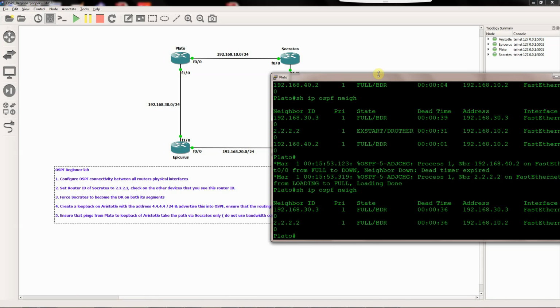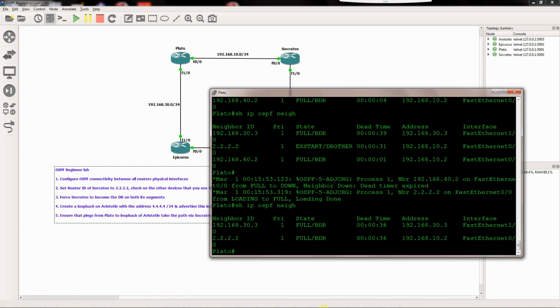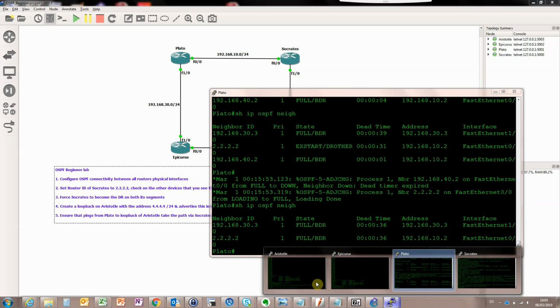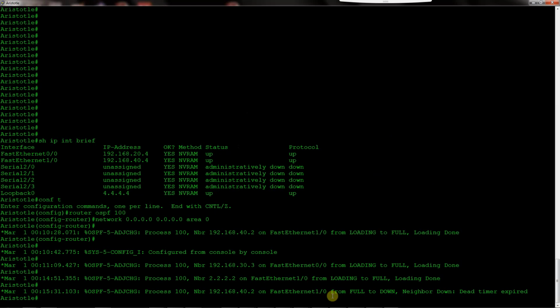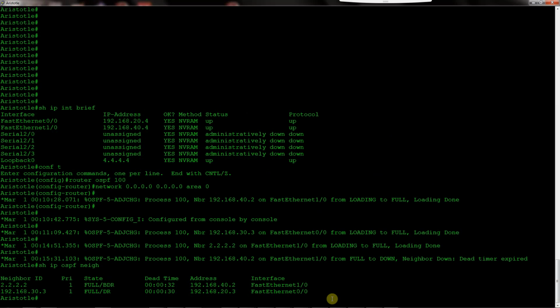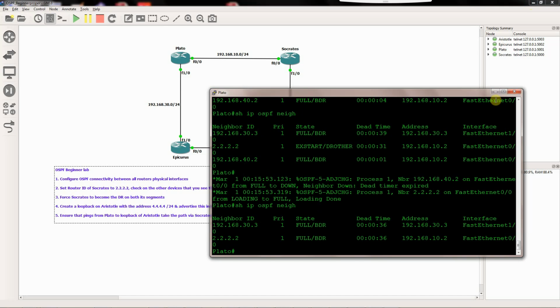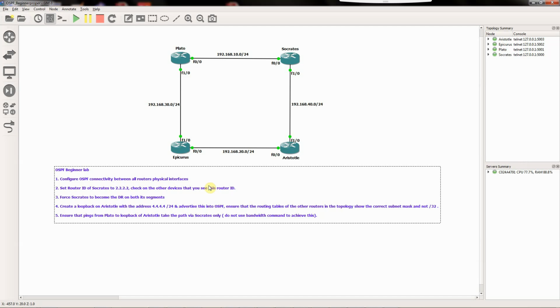Let's just have a quick look on his other neighbour, which is Aristotle. And again, you can see that the neighbour is now being announced as 2.2.2.2. So that's the first two challenges done.